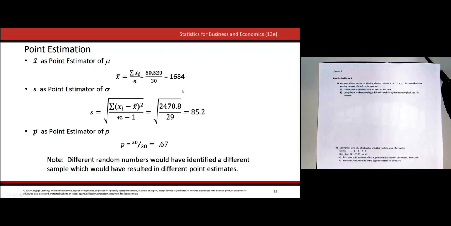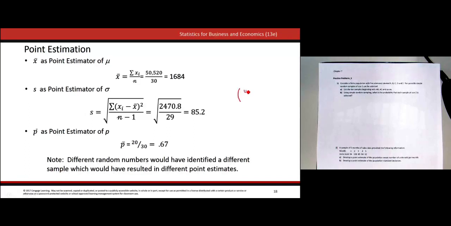And remember, different random numbers, meaning you select different applicants, will give different results. So you can select another 30 applicants and you will get different results. So how many different ways can you select 30 applicants out of 900?